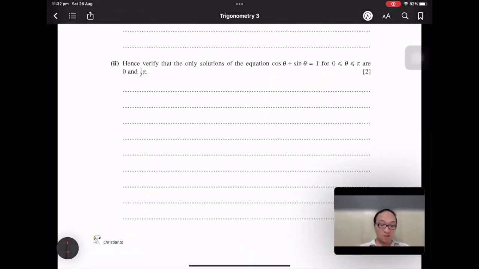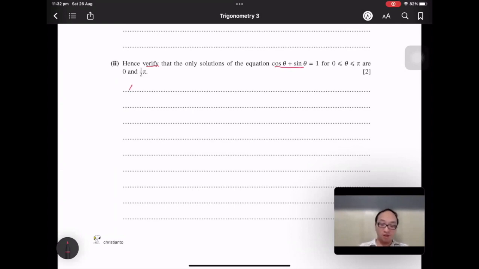Hence, verify that the only solutions to the equation cos theta plus sin theta equals 1 from 0 until pi are 0 and half pi. So verify means we can substitute the values into the equation.